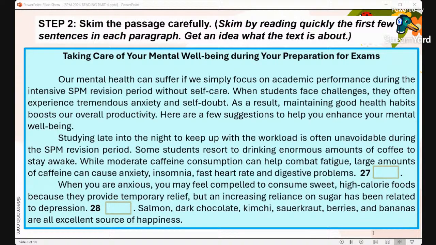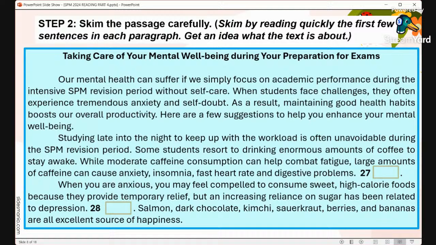That's number one. Number two, I ask them to find the focus idea in that sentence. For instance, let's say for gap number 27, the first sentence would be, "While moderate caffeine consumption can help combat fatigue, large amounts of caffeine can cause anxiety, insomnia, fast heart rate, and digestive problems."